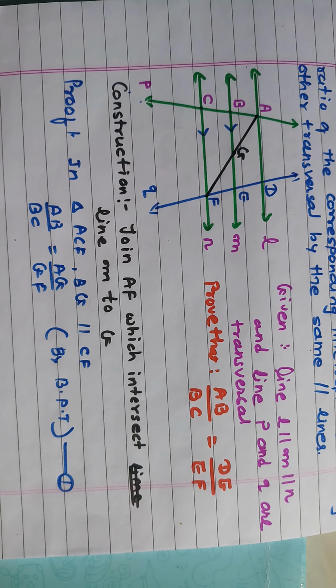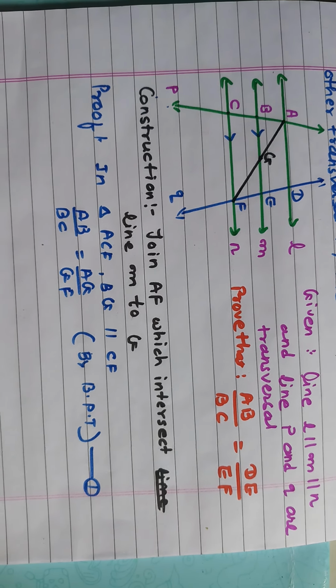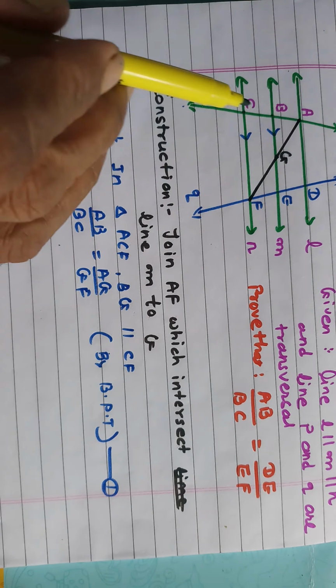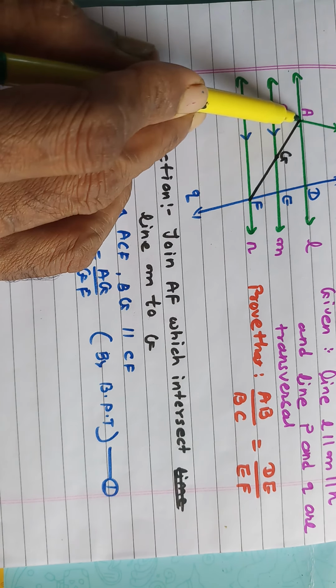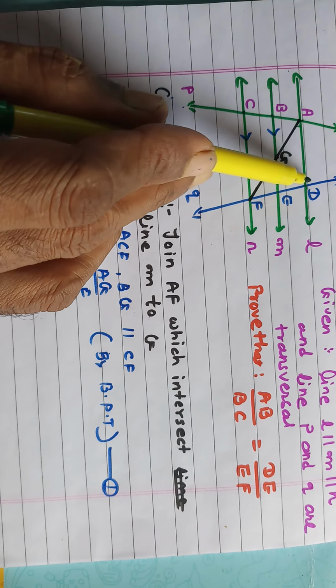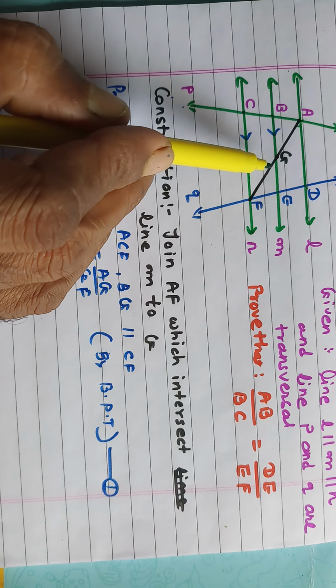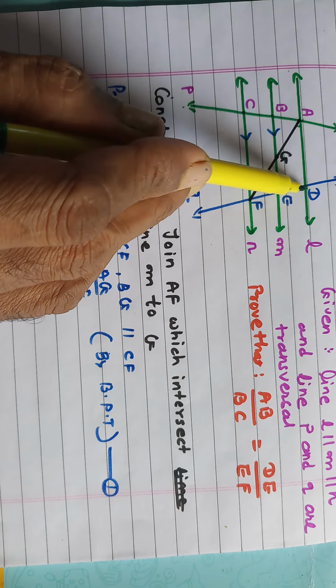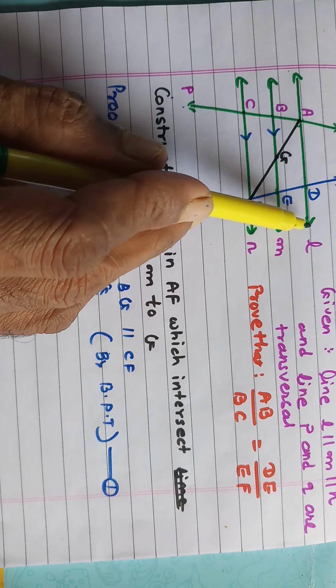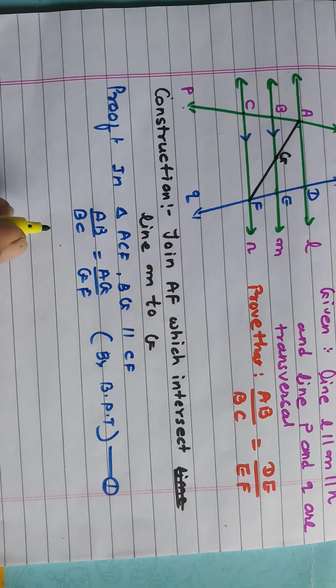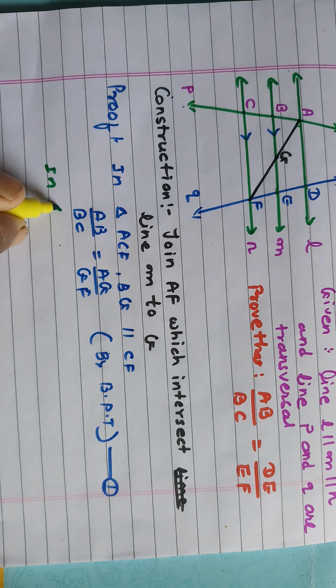Now take another triangle. This time take AFD as the triangle. In triangle AFD, GE is parallel to AD. Why is GE parallel to AD? Because L and M are parallel.